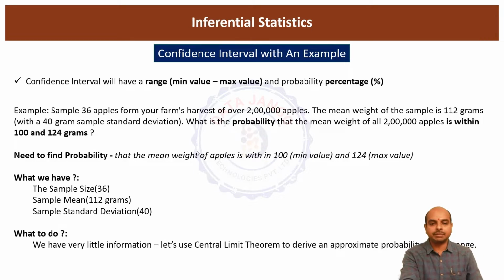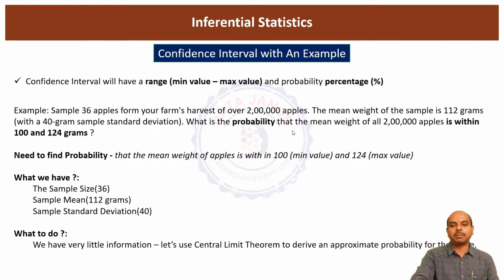So what do we need to find here? What is the probability that the 200,000 apples' mean weight is going to be within 100 to 124 grams? We have one sample with its mean weight and its standard deviation, and we need to find the probability of the mean of the 200,000 apples being in the range from 100 to 124.